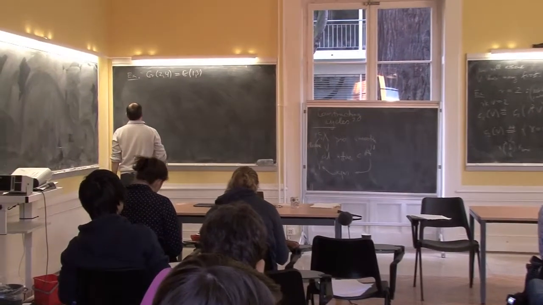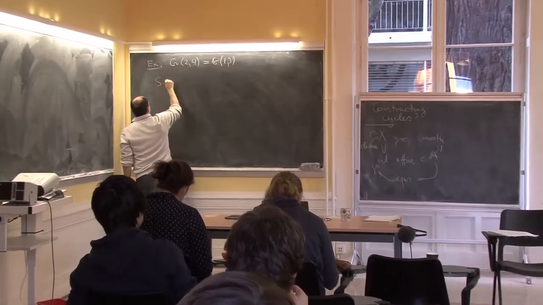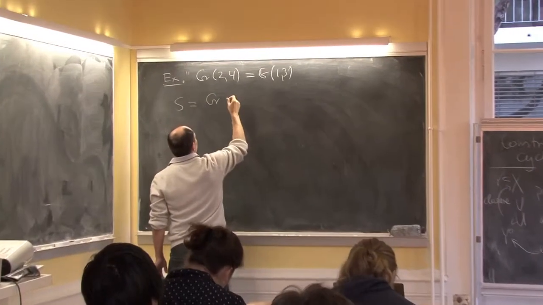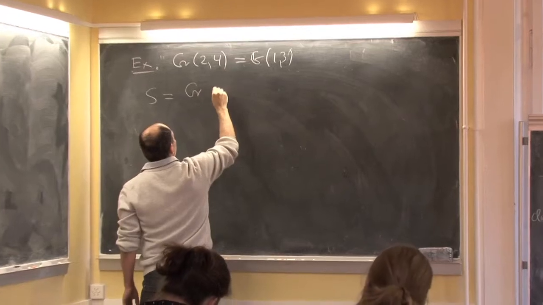Okay, so as we discussed before, we can define this universal subbundle, which is just the incidence variety.